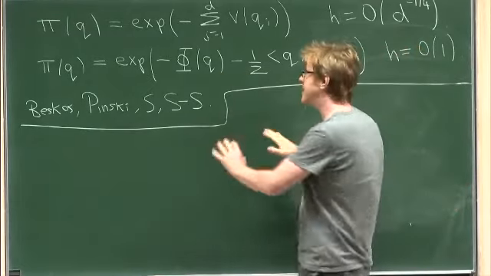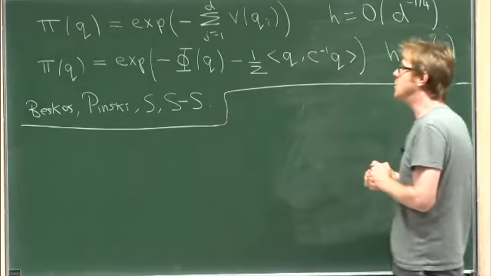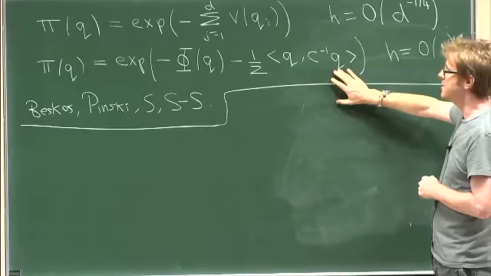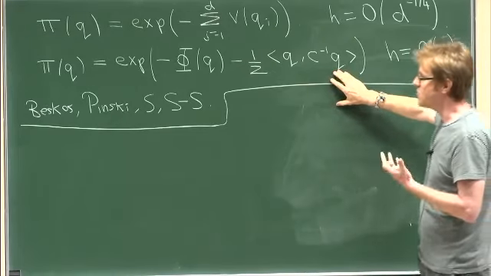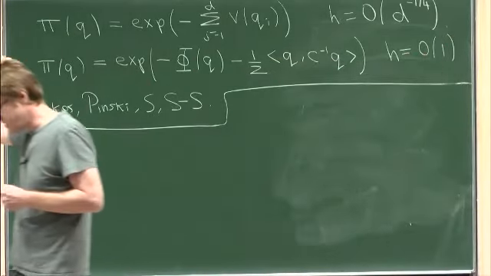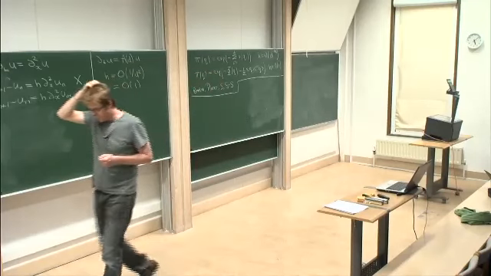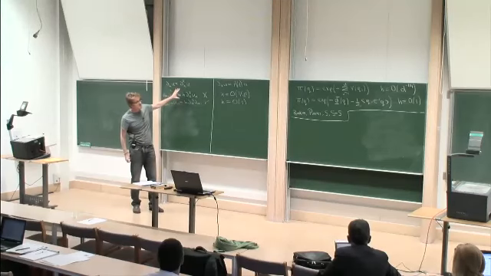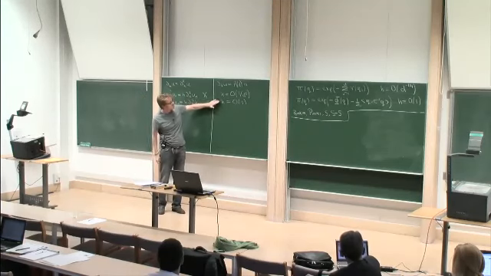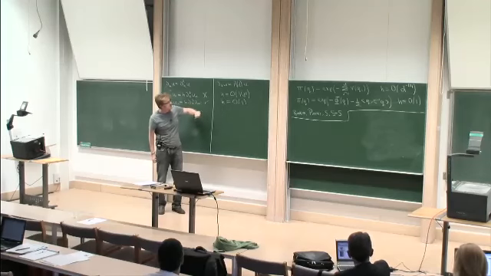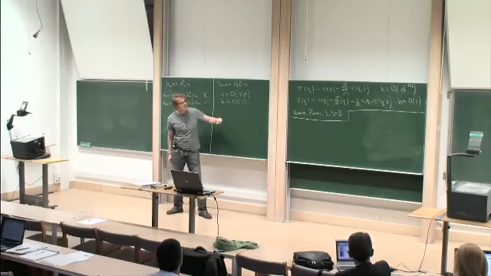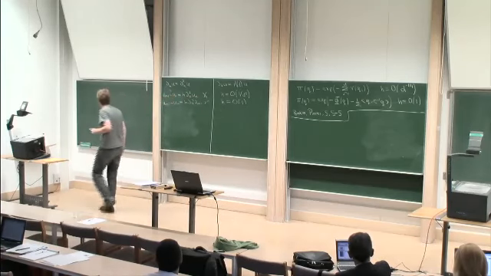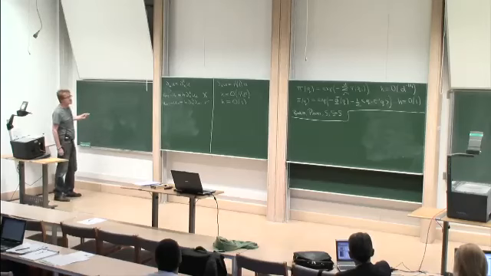So I'm going to make sense of this probability density function on a Hilbert space, and then I'm going to write down an algorithm which will generalize what we saw in the previous talk, that will have the property that it's defined on the function space and therefore does not require a restriction on the time step h in order to be used. Okay, I'm going to set up first of all some notation then.